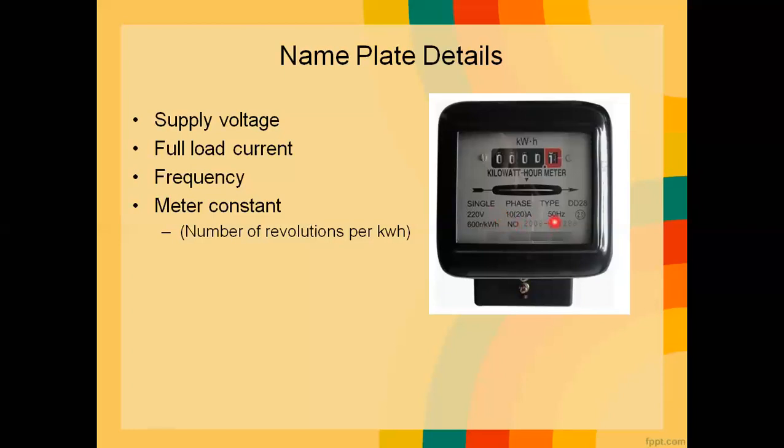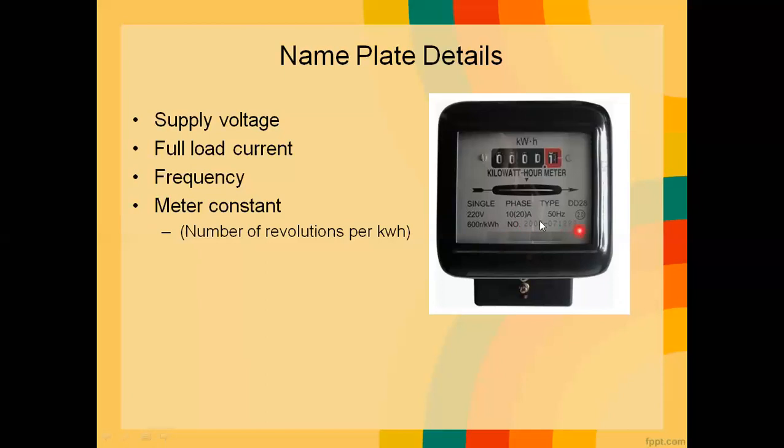Now we have 50 hertz, that means the frequency. And you can see 600 R. Small r means revolutions: 600 revolutions per kilowatt hour. So this is what we have discussed here, the last point. And we have the meter number with year of manufacturing 2008 and 071288.